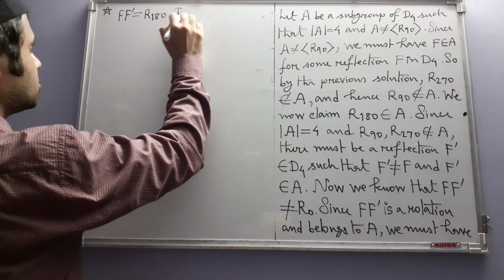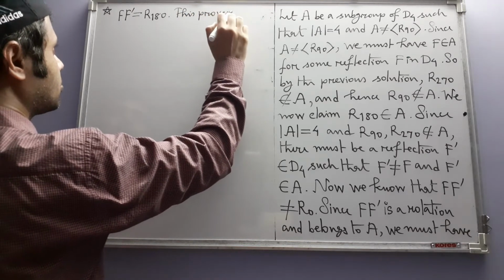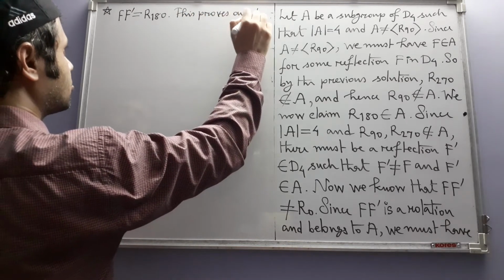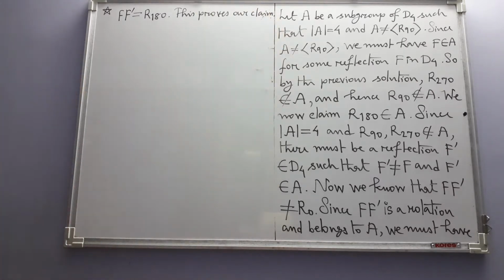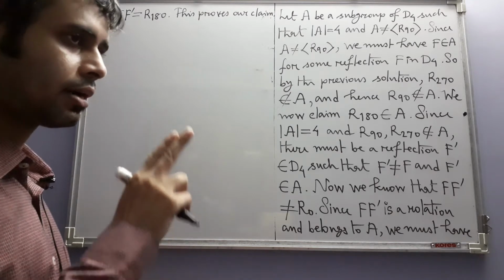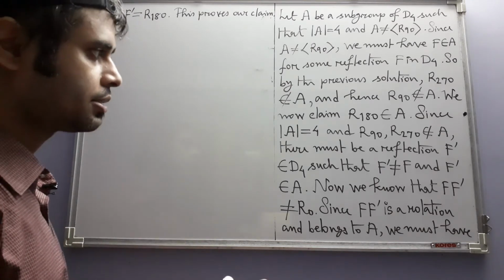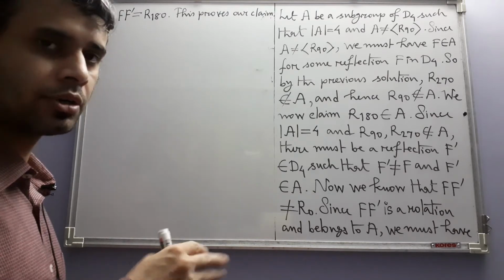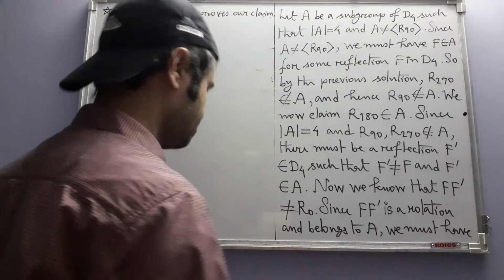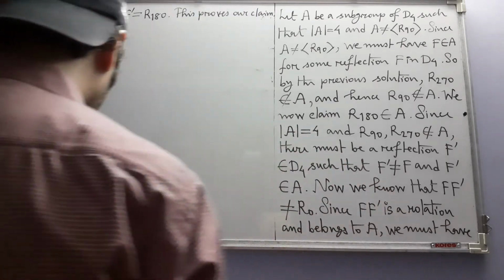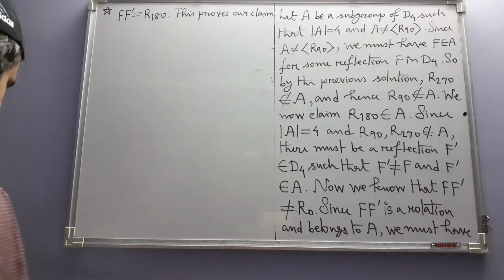This proves our claim. That means A has R0 and A has R180. Besides that, A will have only reflections, some 2 reflections. Now we have to figure out what sort of reflections A can have.